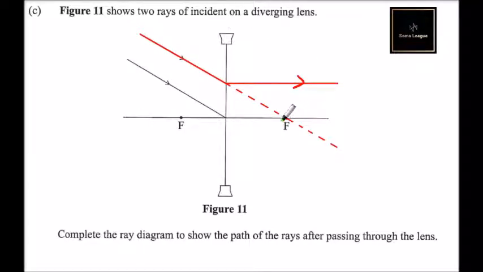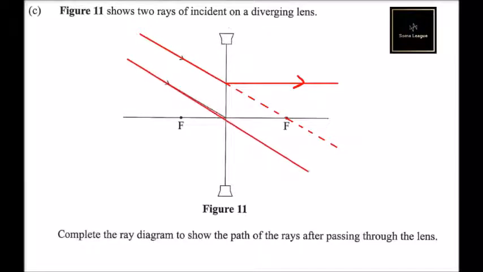Then we have the other ray which passes through the optical center of the lens, and once a ray passes through the optical center, it continues uninterrupted. So there is no refraction of that ray, and we can show that using a ruler.